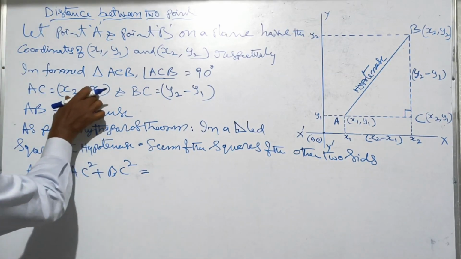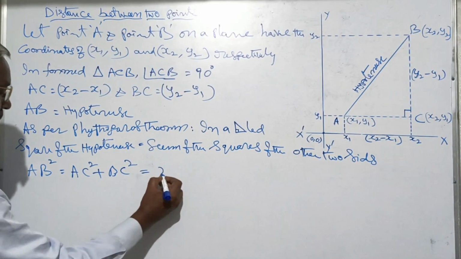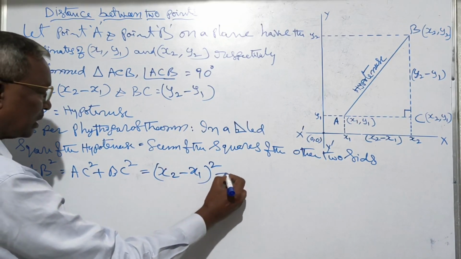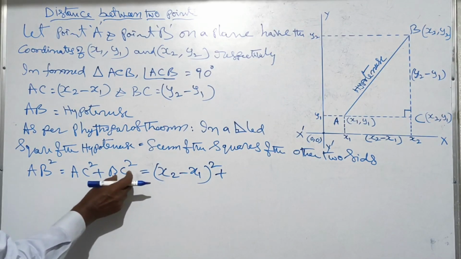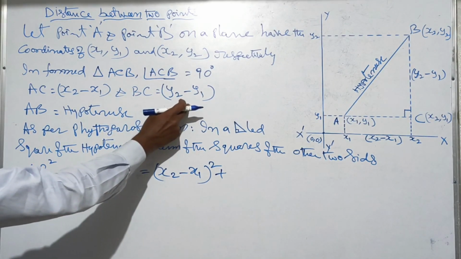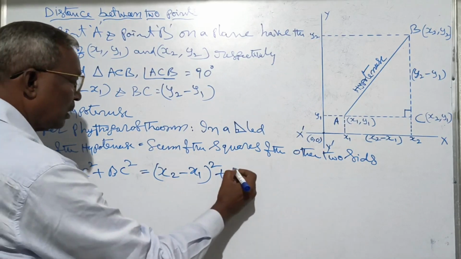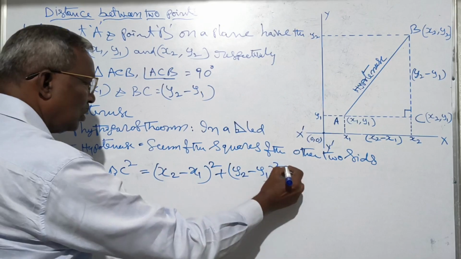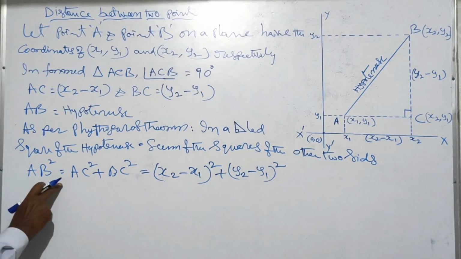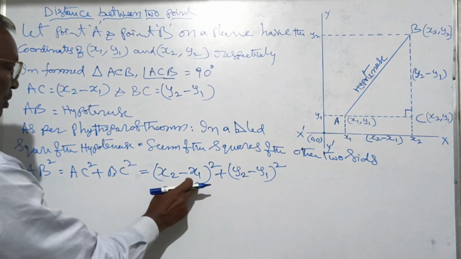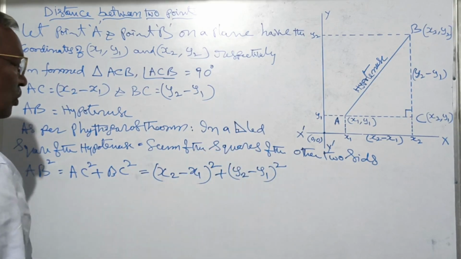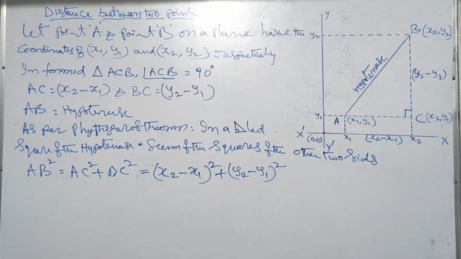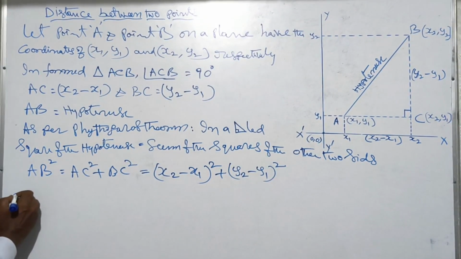So it is x2 minus x1 whole square plus, what is BC? y2 minus y1 whole square. AB square is equal to (x2 minus x1) whole square plus (y2 minus y1) whole square. Now, square root on both sides.